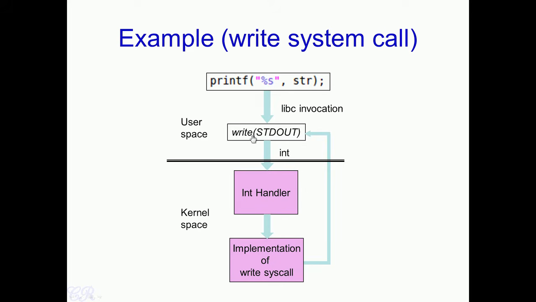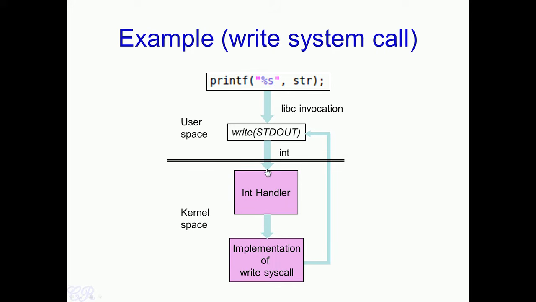In the write function, it would invoke INT 64 in x86 or INT 128 in Linux and cause a software interrupt to occur. The software interrupt, as we know, would cause the transformation from the user space to the kernel space, and it would result in the operating system executing.